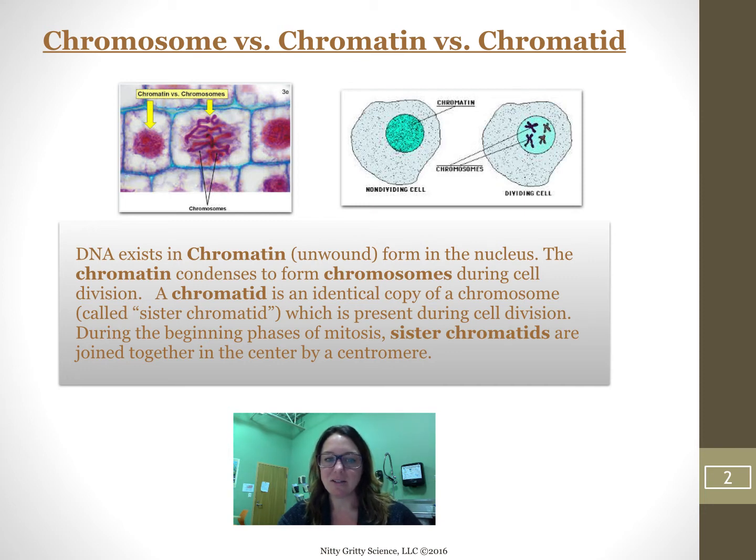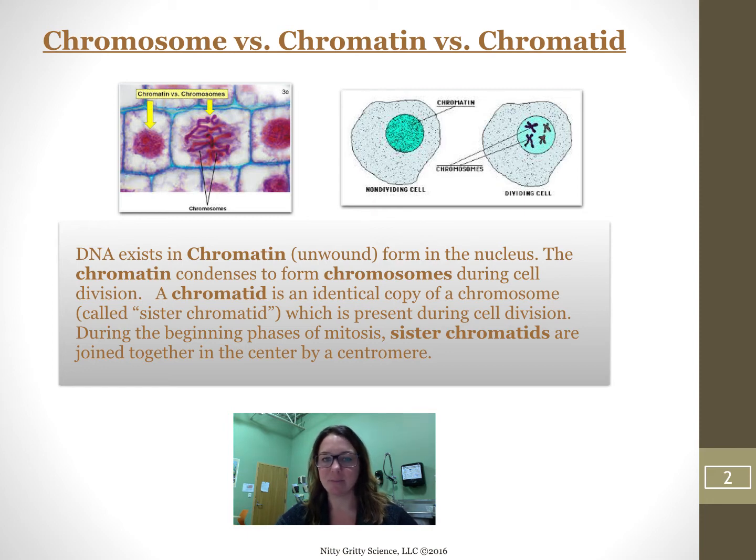And then the last thing you need to know is the word chromatid. As we learned in the cell cycle, the DNA copies itself right before cell division, so that when the parent cell becomes two daughter cells, each daughter cell will have a full set of DNA. The DNA will split into two, and we're going to see how that actually happens during the phases of mitosis. For now, just know that the DNA has to copy itself, and those copies have to find each other before cell division can happen.